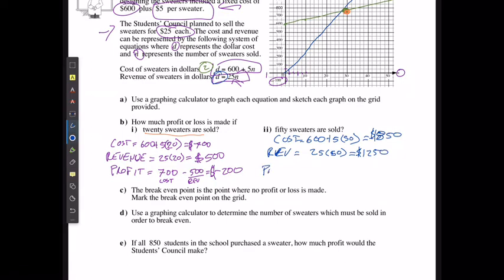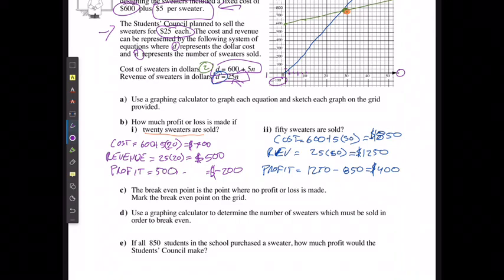The profit is going to equal the revenue minus the cost, which is going to be $400. So I'm going to make $400 in this case. Sorry, in the last one I just put them in backwards. Let's fix that real quick. It's going to be the 500 minus the 700, or the revenue minus the cost.